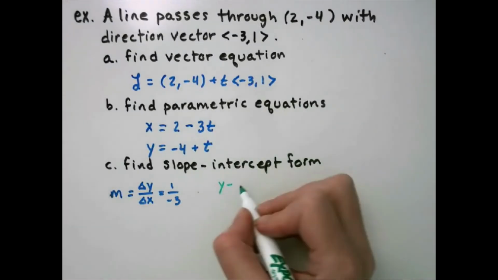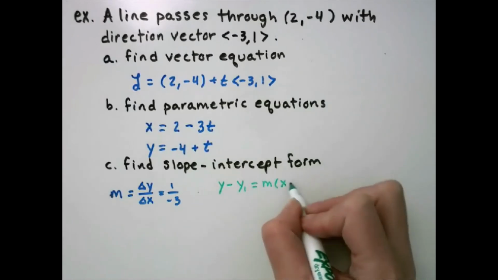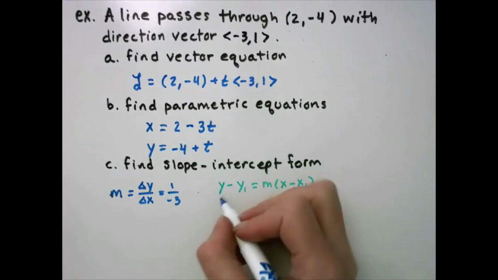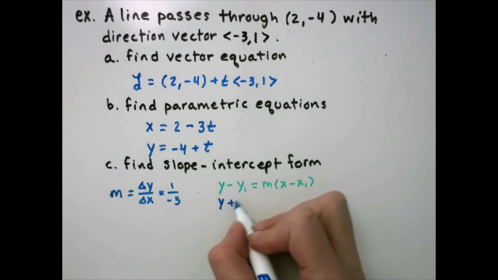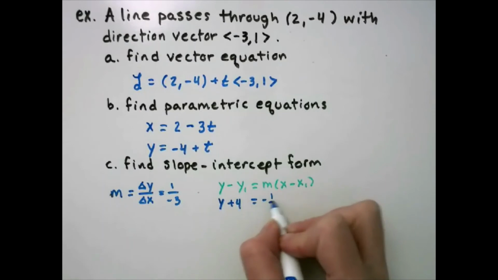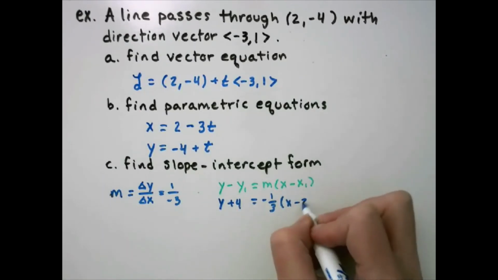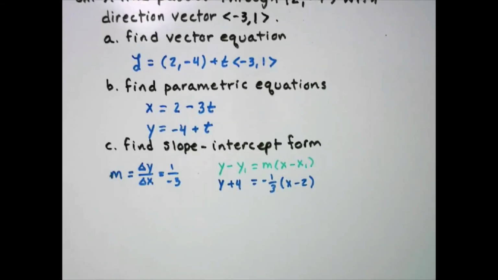I'm going to use point-slope, and plug in my given information. So we're going to have y plus 4 equals negative 1/3 x minus 2. And then we'll solve for y here.